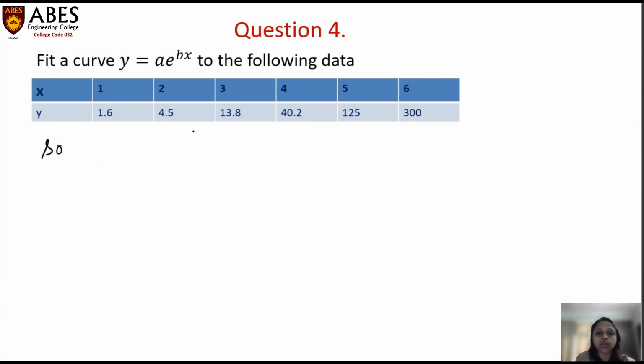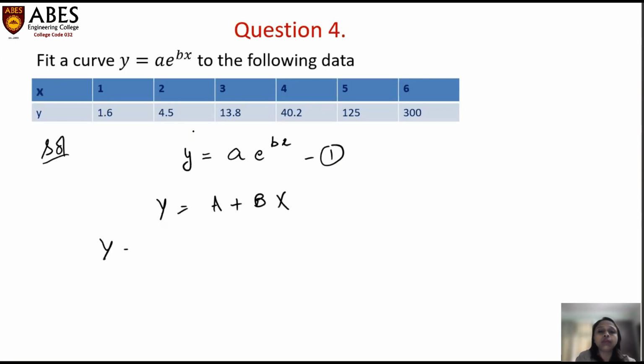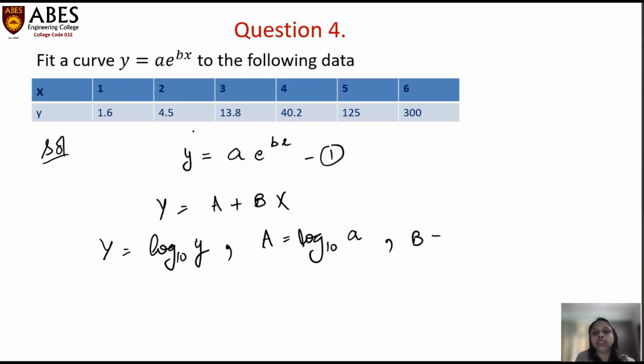So again, my normal equation for this curve, that is y equal to a e to the power bx, will be capital Y is equal to A plus BX, where capital Y will take the value log to the base 10 y, capital A will take the value log to the base 10 a, and capital B will take the value b log to the base 10 e, and capital X will take the value as x only.